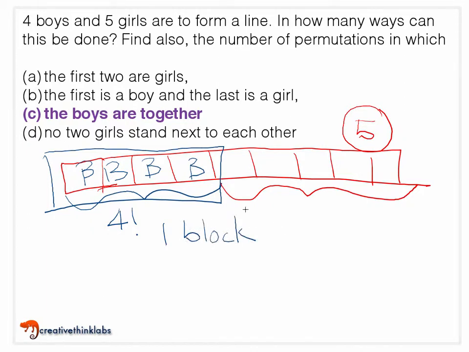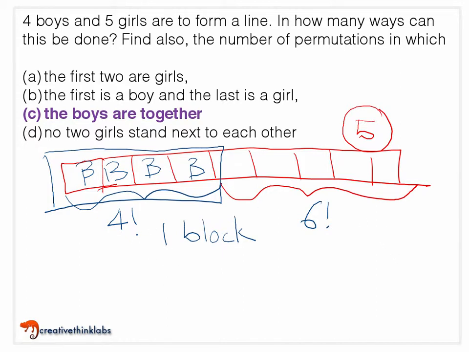The reason being here is that among themselves they can be rearranged in 4 factorial ways, but as a block they can also move in between the girls. Now, there are 5 remaining slots here. So 5 plus 1, if we consider this as one block, there are 6 ways that I can permute the 5 girls and the 1 block of boys. So this yields 6 factorial.